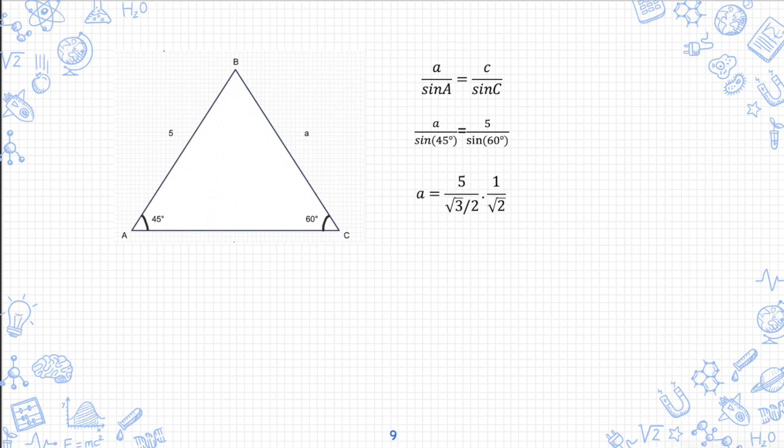Because we are finding the value of a, we must first make a the subject, and that will become 5 over square root of 3 over 2 times 1 over the square root of 2. a will become 10 divided by square root of 6. If we put this value into the calculator, we get 4.08 to 2 decimal places.